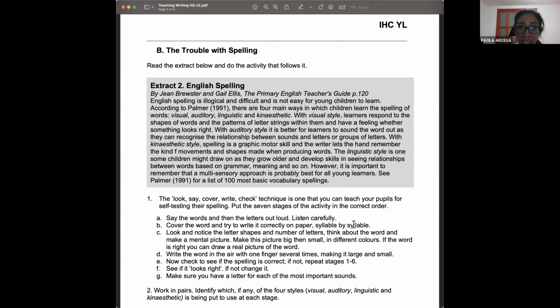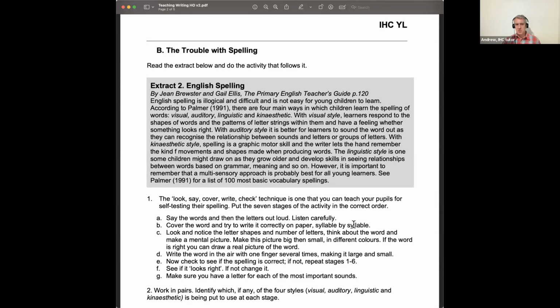And the linguistic style is when some children might draw on, as they grow older and develop skills, seeing relationships between words based on grammar, meaning, and so on. However, it is important to remember that a multisensory approach is probably the best for all your learners.